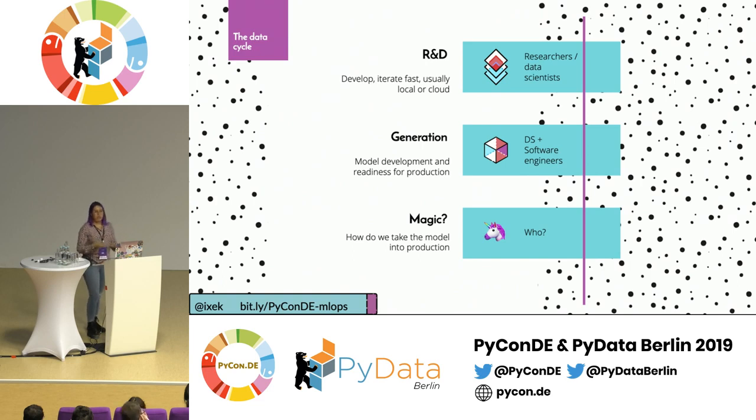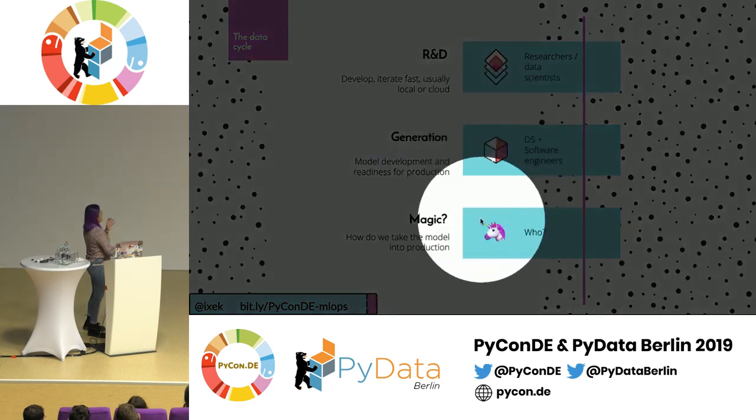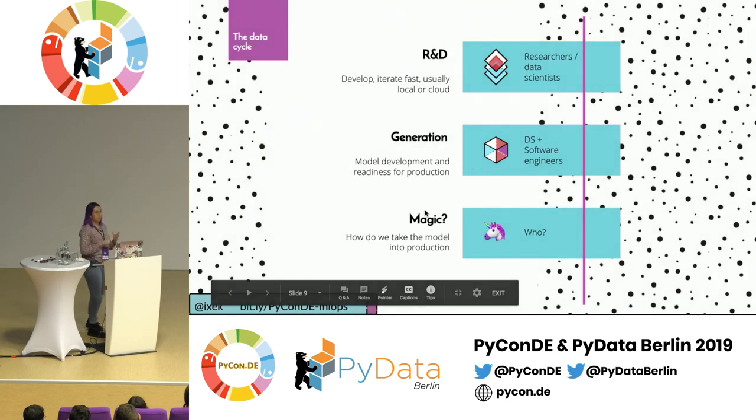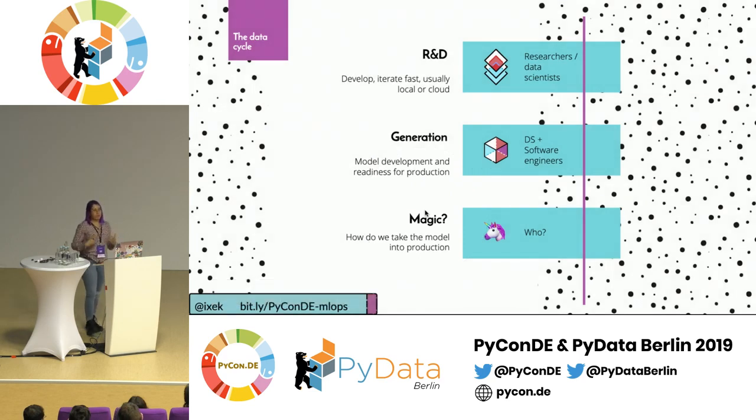Or in other cases, how are doctors using models to use images to predict whether there is breast cancer or colon cancer or brain cancer? It's usually this part of the process that seems to be a bit magical in some scenarios. How do I actually take that research and development model into production ready?